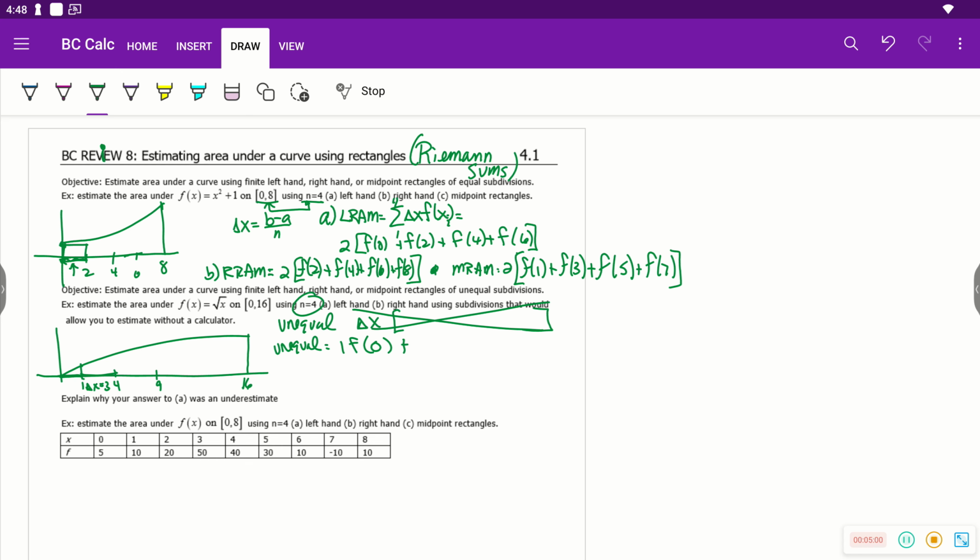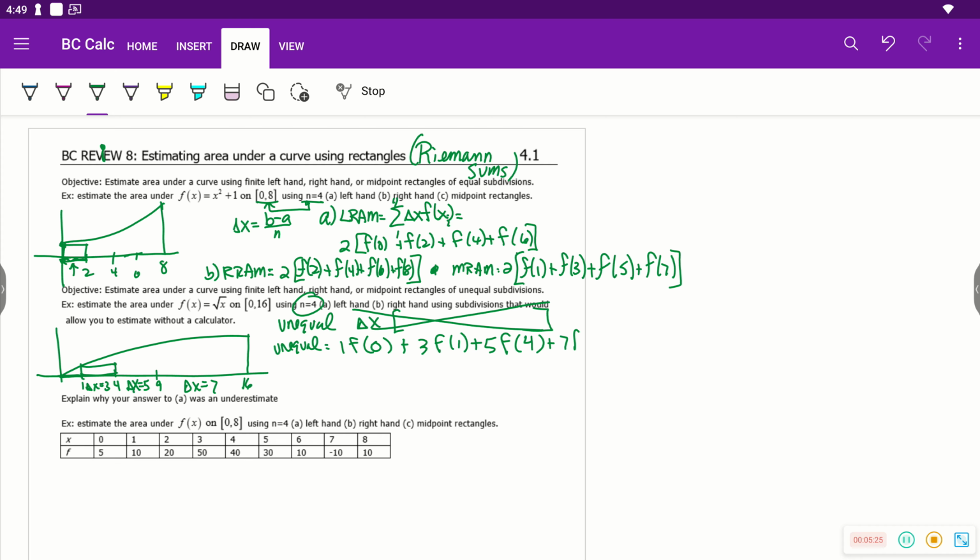And if I used LRAM, then I use the height at the left edge 1. So it's 3f at 1. Plus the next delta is from 4 to 9. It's 5. You see the trend there. It's 5. The left endpoint from 4 to 9 is 4. And the last delta x is 7. And the left edge is 9.